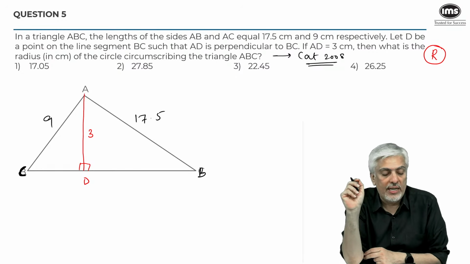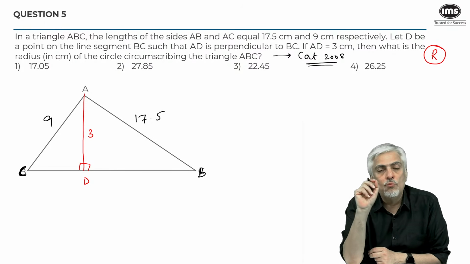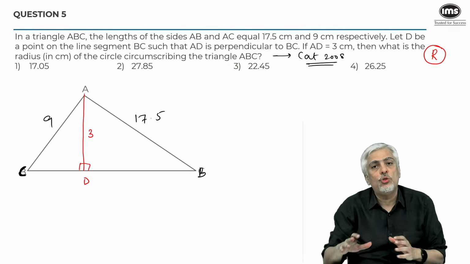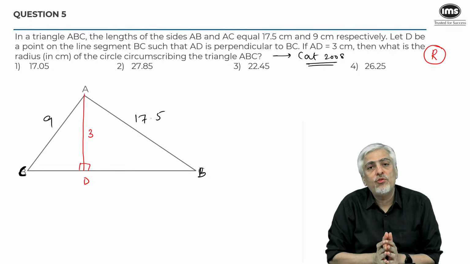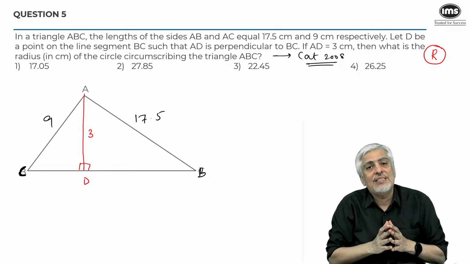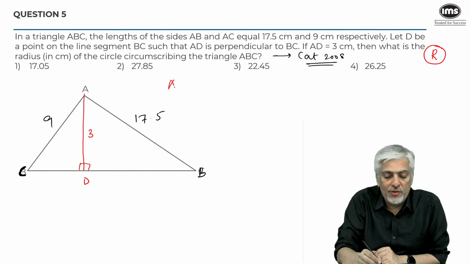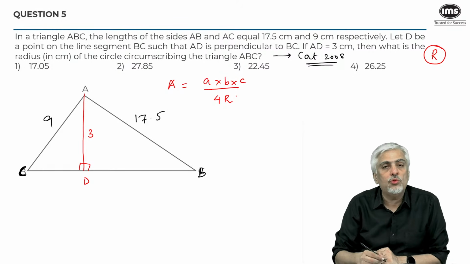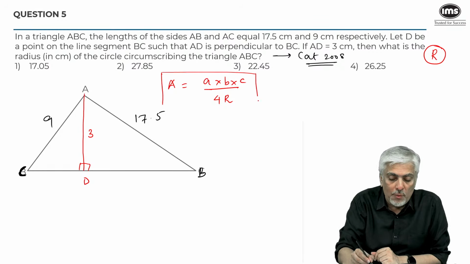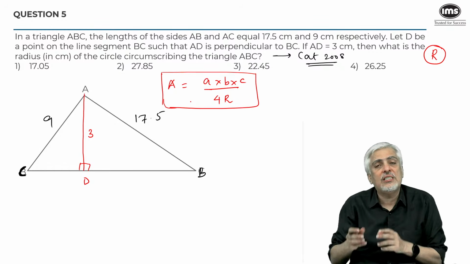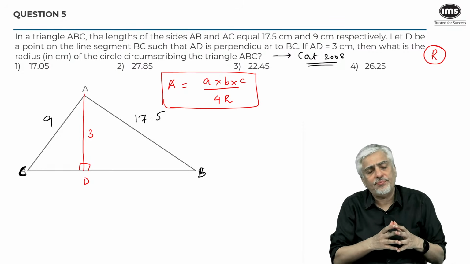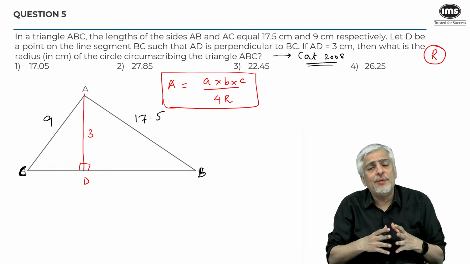Now listen everybody carefully. Most of the people, first of all, as I was saying, in geometry you need to know your properties. Now if you don't know your property, this sum cannot be done. You need to know that area of a triangle is a multiplied by b multiplied by c upon 4 times capital R. If you don't know this formula of the circumradius related with the area, the sum becomes completely useless for you.